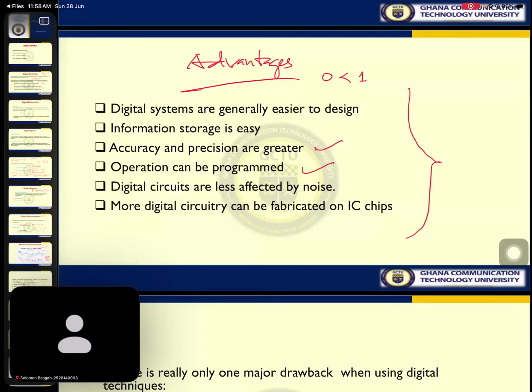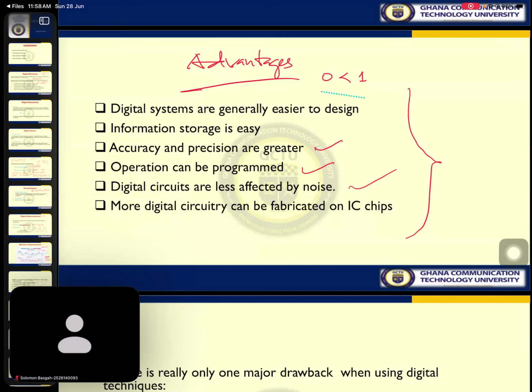Your phone can be a calculator, at the same time a camera, a music player, a communicating device, and GPS, because its operation is programmable. Because of that, we have different applications that can be run on it.